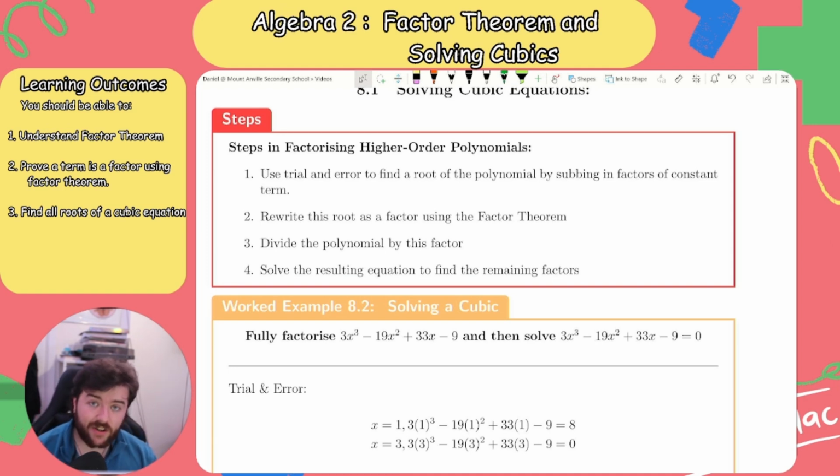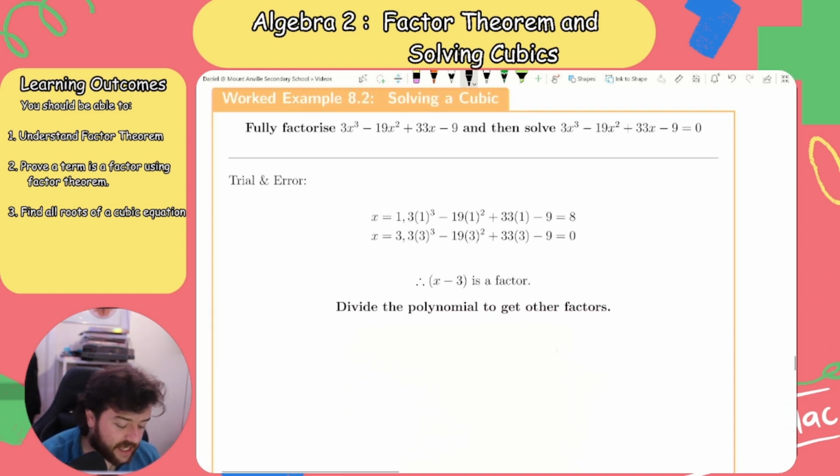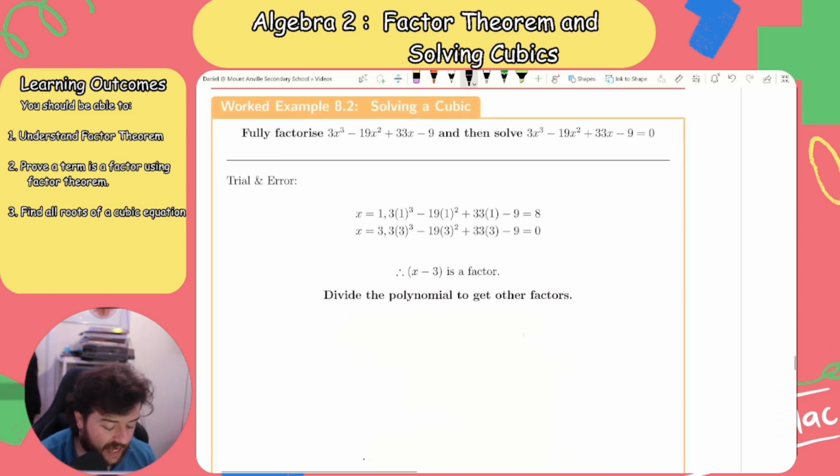We sub them into the equation to find which one is a root of the entire equation. Then we rewrite this root as a factor using the factor theorem. Then we divide the polynomial by this factor, and solve the resulting equation to find the remaining factors. As I said, it's much easier if I do it rather than say it.